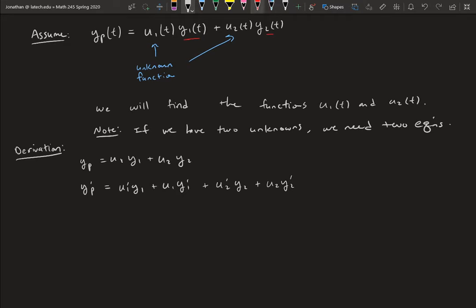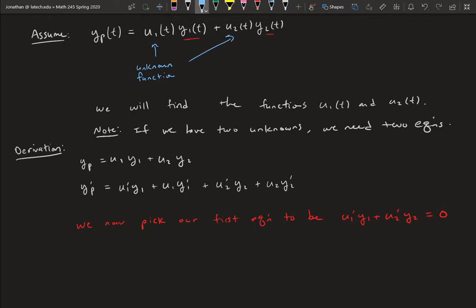Now what we're going to do is get our first equation kind of artificially by imposing that u1 prime y1 plus u2 prime y2 is 0. So we now pick our first equation to be u1 prime y1 plus u2 prime y2 equals 0.